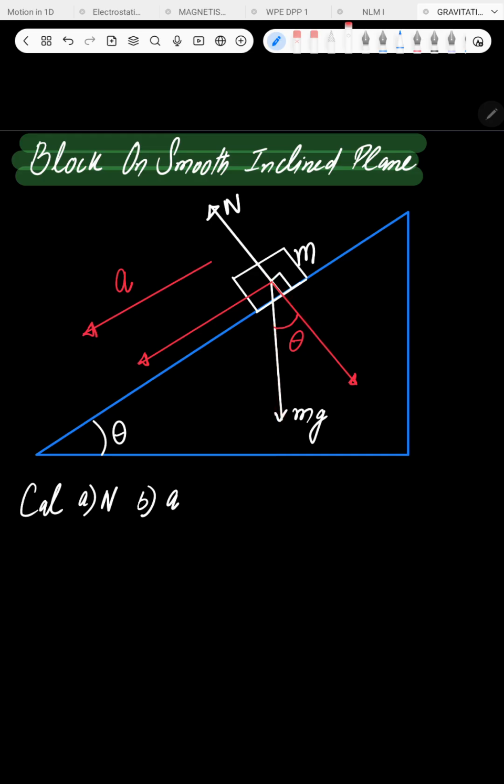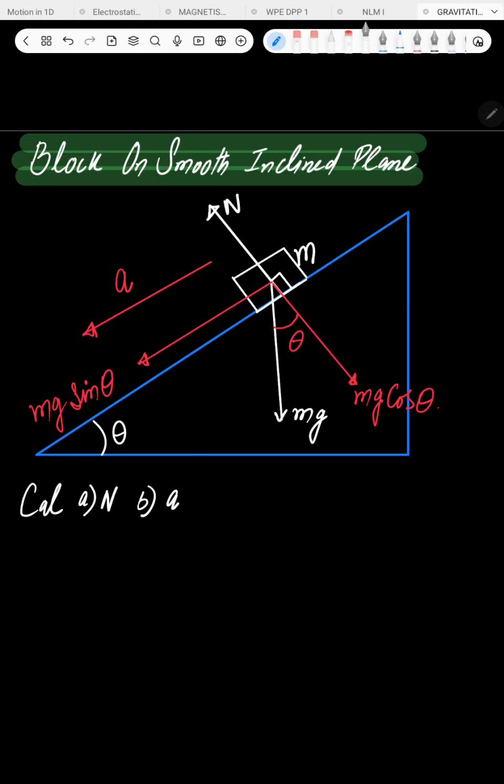So the angle between two lines always equals the angle between their perpendiculars. So this is mg, and it will have two components. One component along this direction will be mg sine theta. Another component along this direction will be mg cos theta. Is that clear or not?